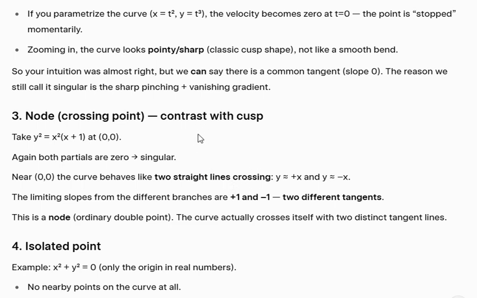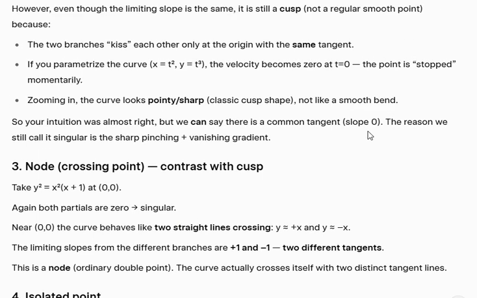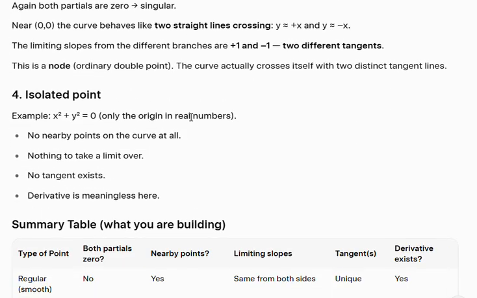At the node, two adjacent points lie on one branch, and the other pair of adjacent points lie on the other branch. It means two different slopes at a point. But in a normal smooth curve, you get one slope for one branch and another for the other branch. Therefore there are two different slopes. For that reason, in this case also, dy by dx is in the 0 by 0 form.